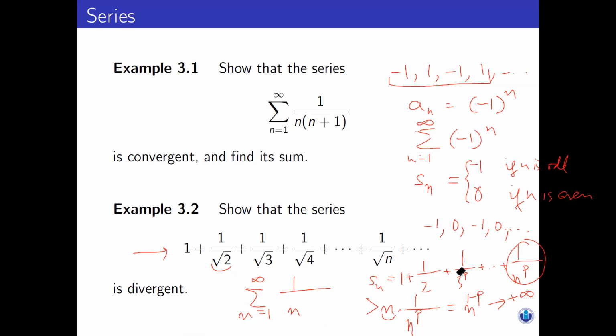If you do this, then you get exactly 1 here. And it gives you nothing, because if you know that this sequence is always bigger than a constant, you cannot say anything, right? If you only know that Sn is bigger than 1, you can say nothing about Sn. It can diverge, it can converge.